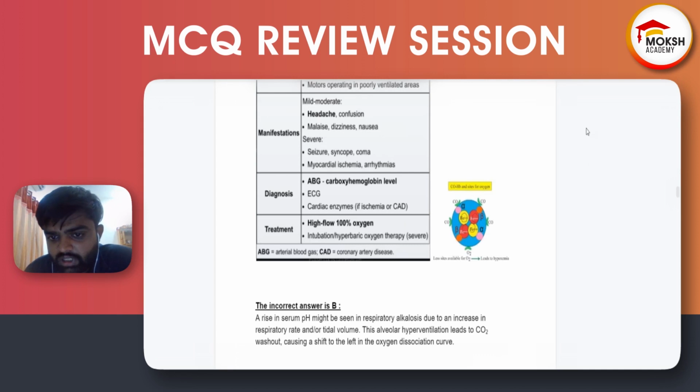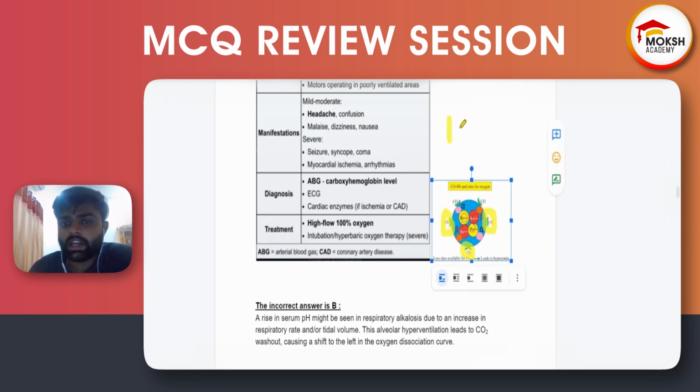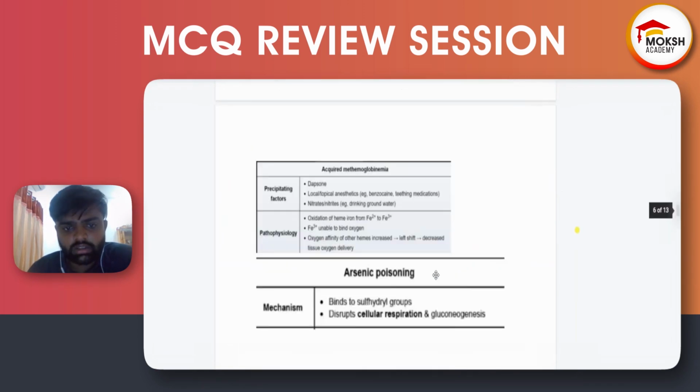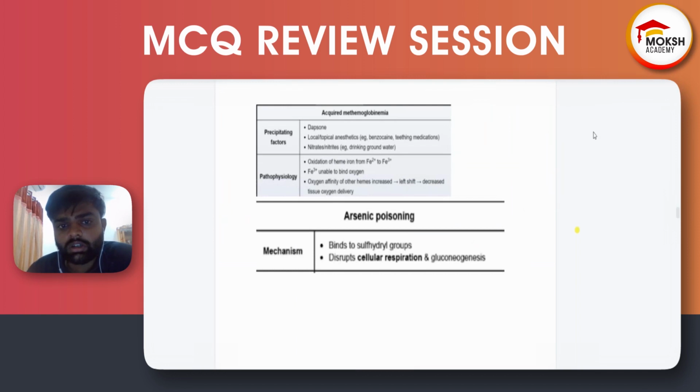You can see its competitive binding of oxygen here, where oxygen should bind. Carbon monoxide binds tightly, so there will be less available sites. I forgot to add this one, acquired methemoglobinemia. This is most commonly seen with dapsone or any topical or local anesthetic like benzocaine or teething medication.